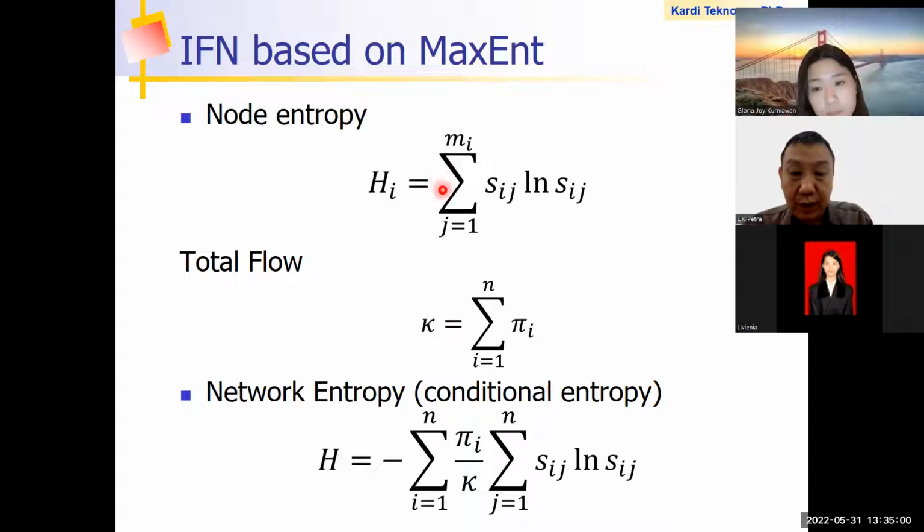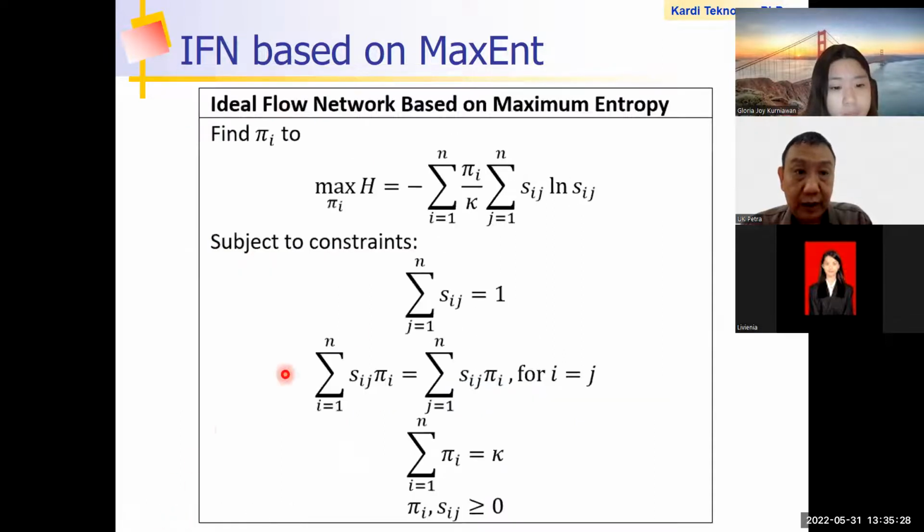And from here you can see if I take the Vi divided by kappa, that means its node value divided by the total flow, and then I multiply with this node entropy. So I will get a new network entropy. So this is conditional entropy. This is the one that we use to optimize.